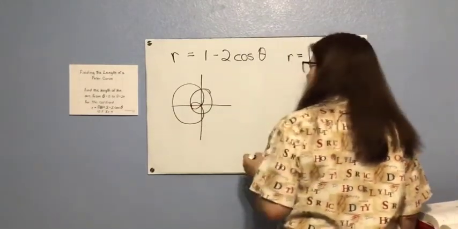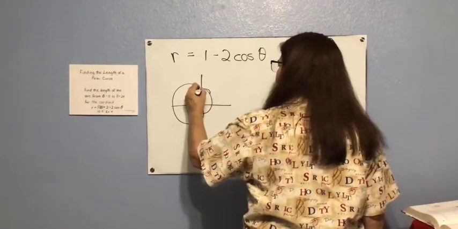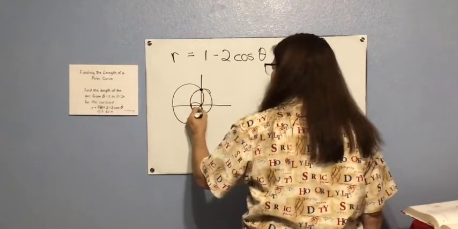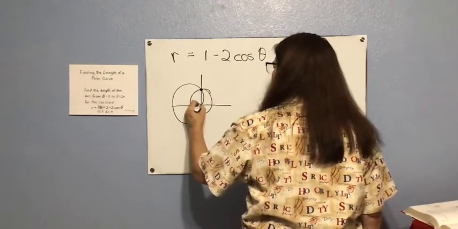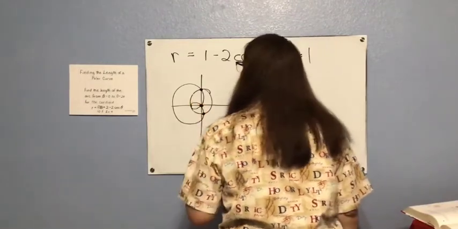And looking at these two shapes, I see that here's a point of intersection, here's a point of intersection, and here's a point of intersection.